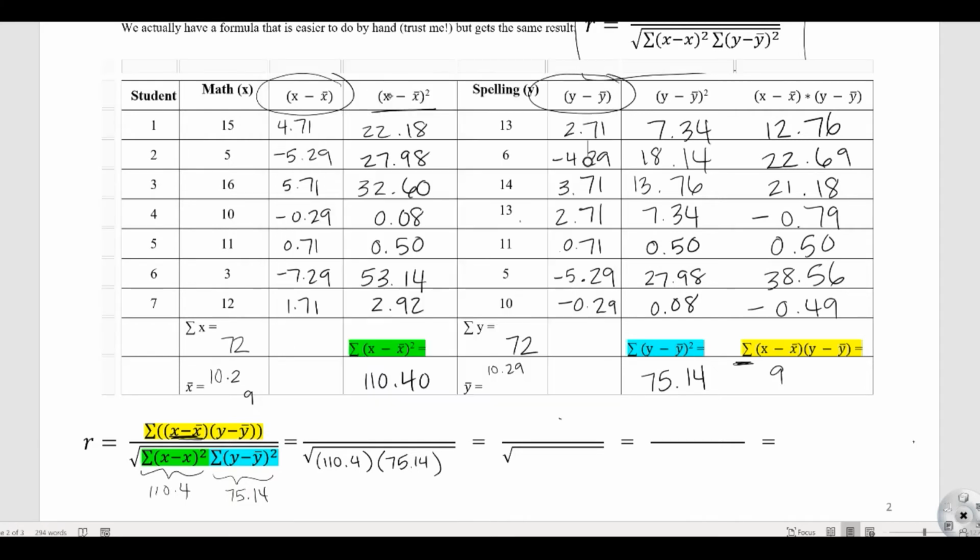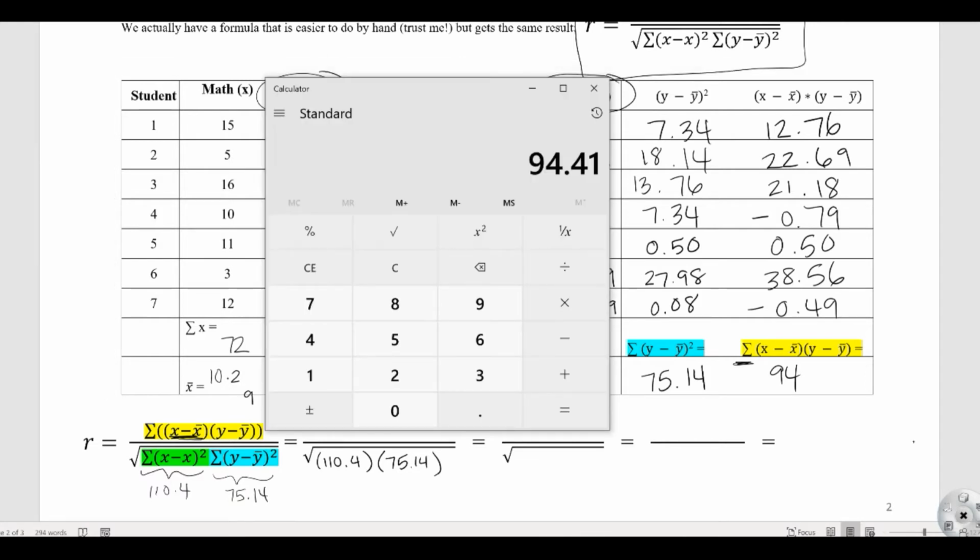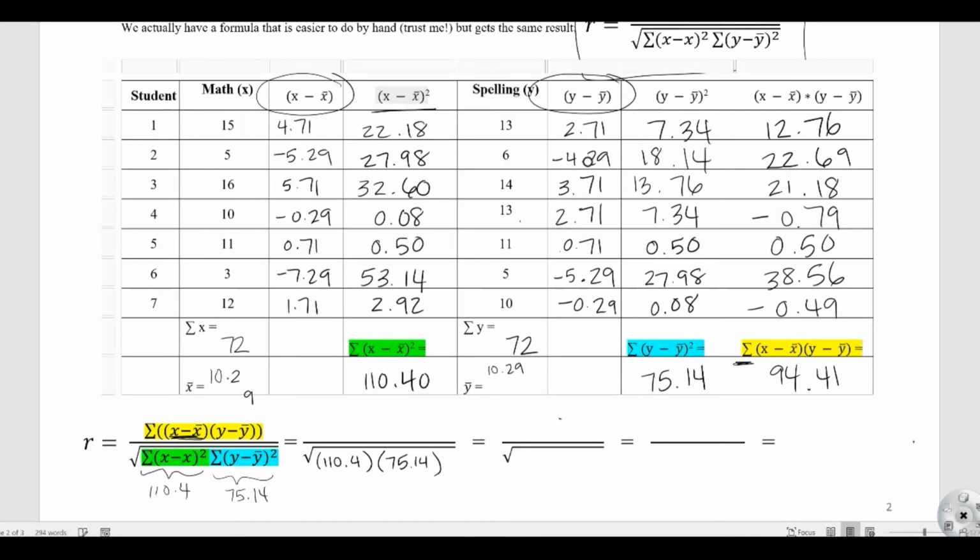And I get 94.41. So that one comes in on the top.